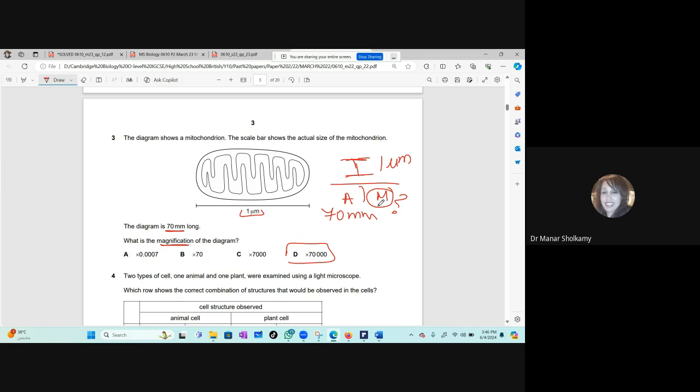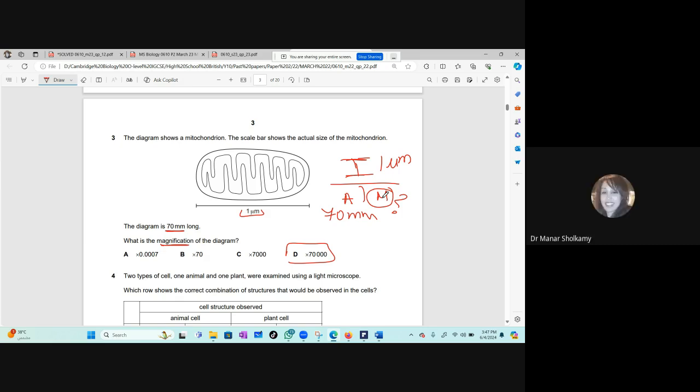1/70,000. The answer is going to be, let me divide it. How did you get the magnification? The image over the actual.